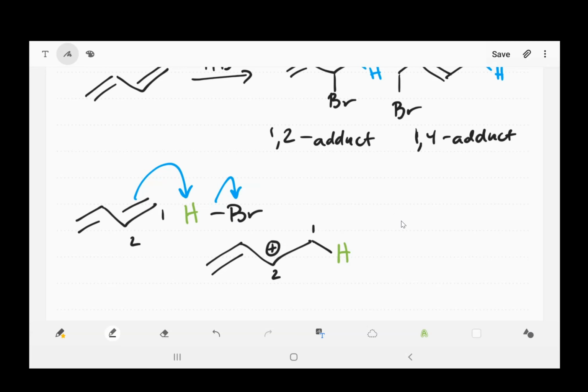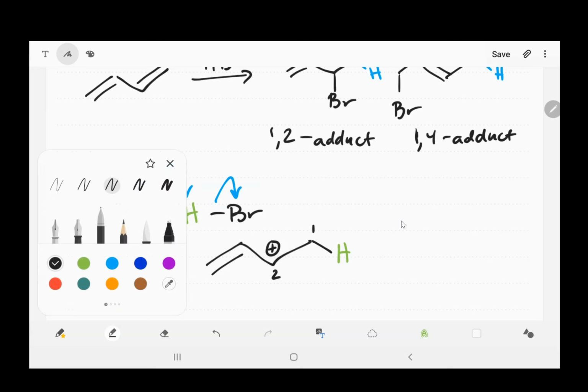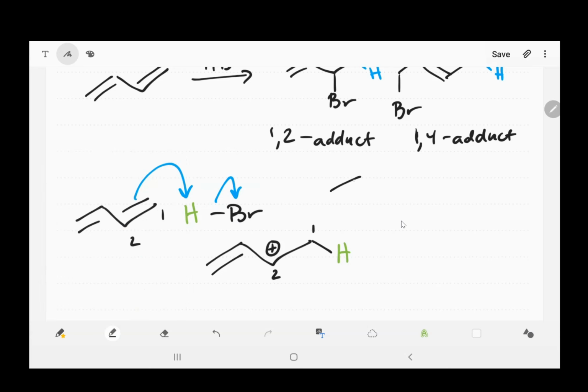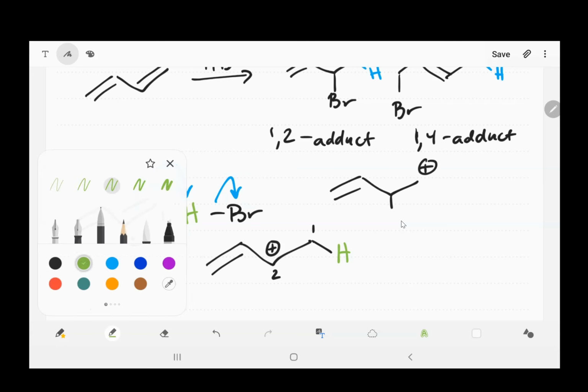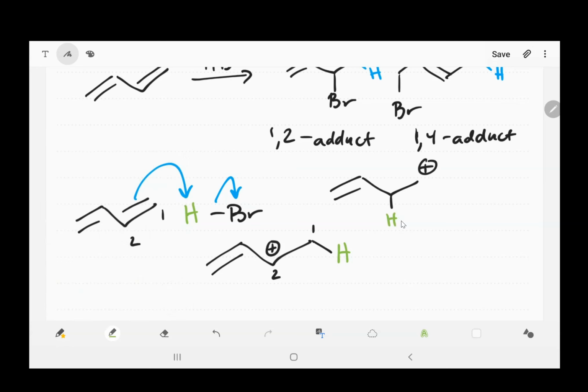So our carbon 1 has attacked the hydrogen, and now we have an allylic secondary carbocation here. Remember, with this, you're never going to form the opposite product. You are definitely never going to form that, because now we have a carbocation that's primary, which is, first off, a no-no. Secondly, we now have a carbocation that can't even resonate.